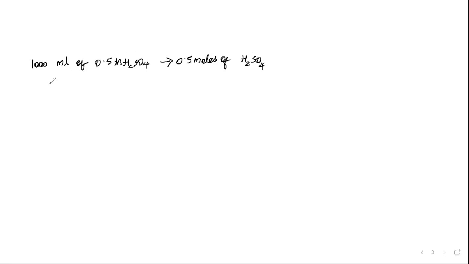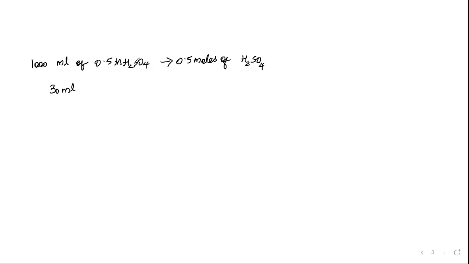We have to find the moles in 30 milliliter. In the question, it is given that we have to find the molarity of 30 ml of 0.5 molar H2SO4 diluted to 500 ml. So 1000 ml of 0.5 molar H2SO4 can contain 0.5 moles of H2SO4.